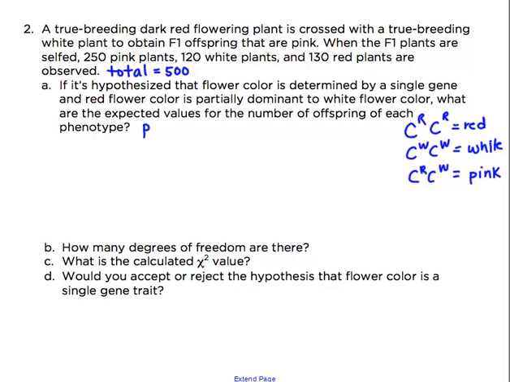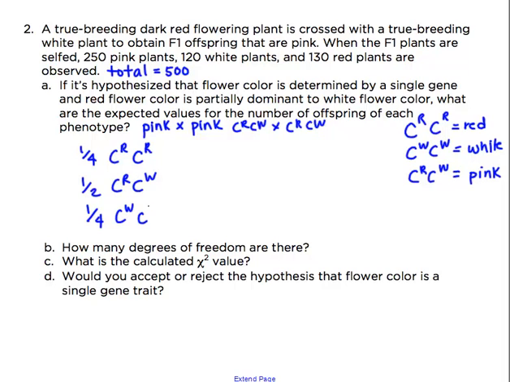Now this is talking about a pink versus a pink, which would be C^R C^W times C^R C^W, which is they're both heterozygous and it's a monohybrid cross. So you would get 1/4 C^R C^R, 1/2 C^R C^W, and another 1/4 C^W C^W, which in turn would be red, pink, and white.